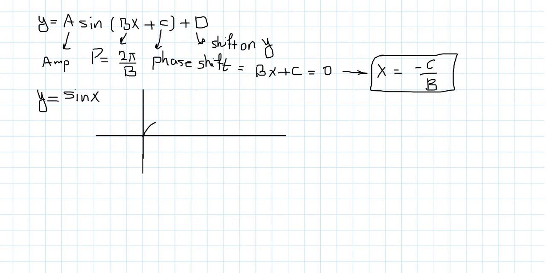It comes here, goes down. I know in 2 pi and 0 sine is 0, and in pi over 2 and 3 pi over 2, y should be amplitude. My amplitude here is 1 and minus 1.